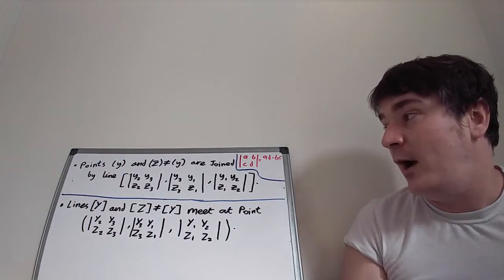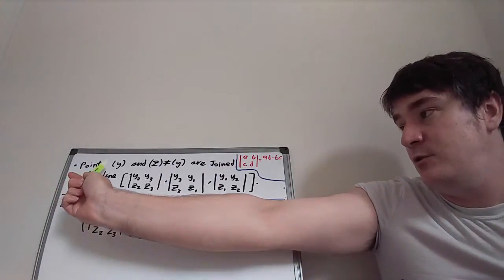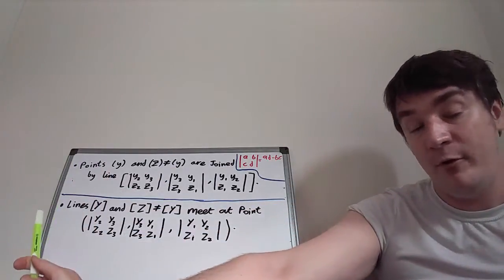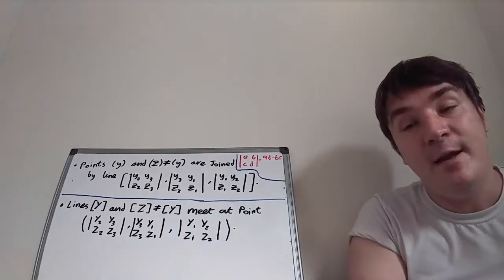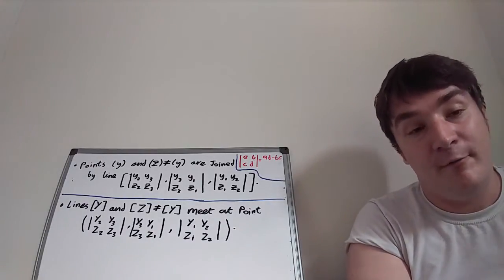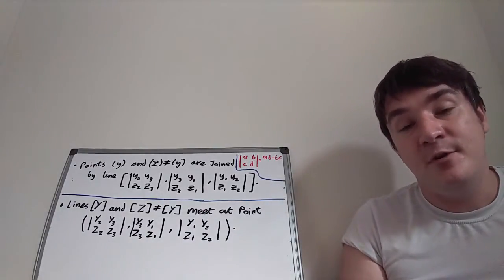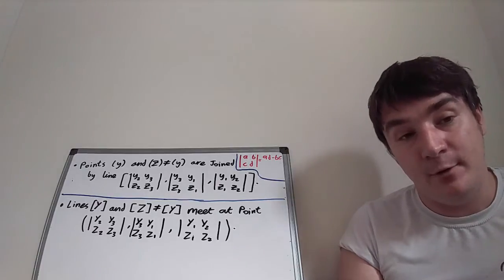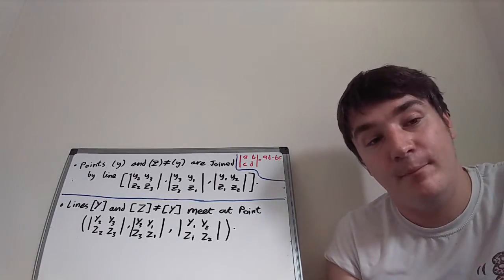So we've got our unique line that joins any pair of points, and we've got our unique point that any pair of lines meet at. So we've got our first two axioms of projective geometry. Now let's have a look at some quadrangles.